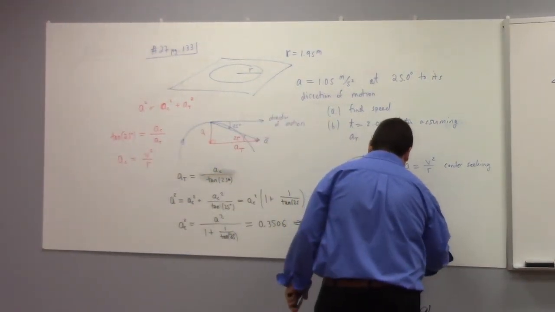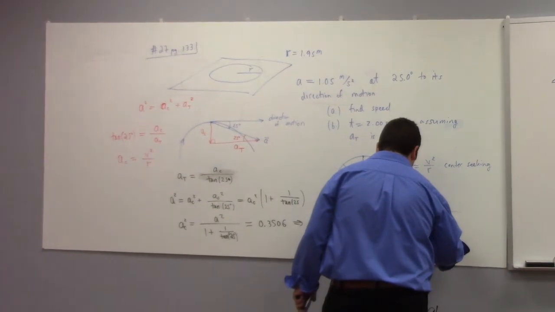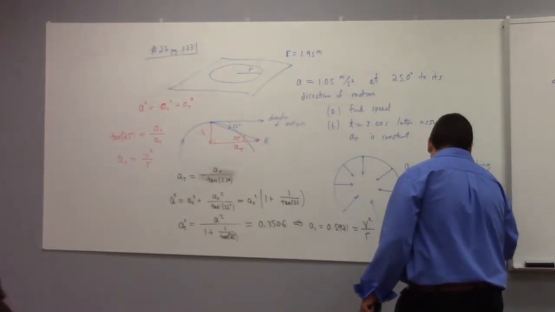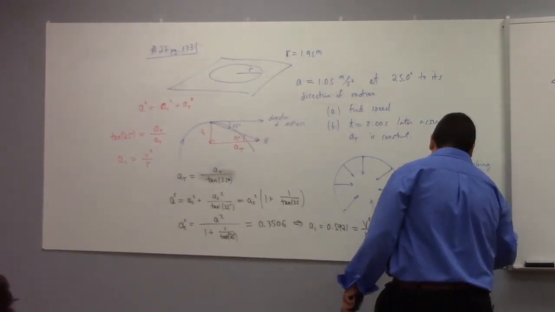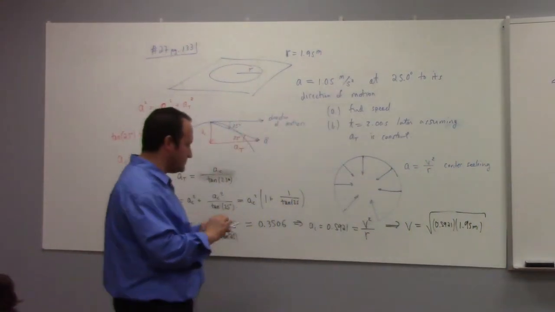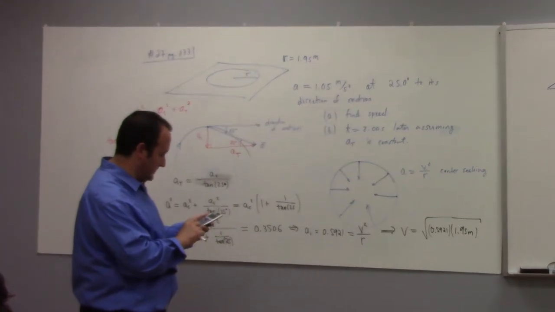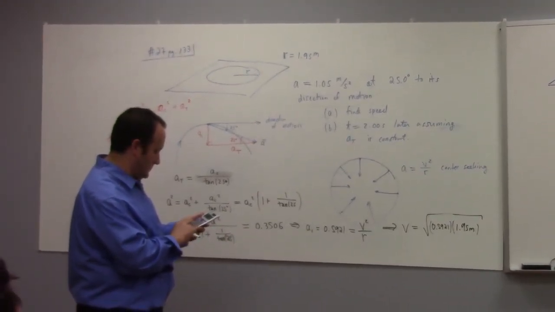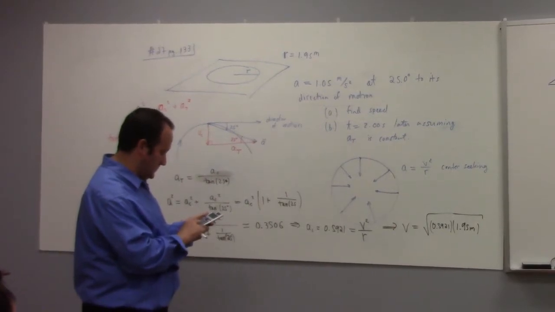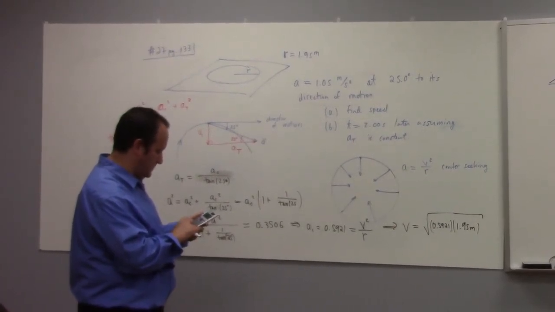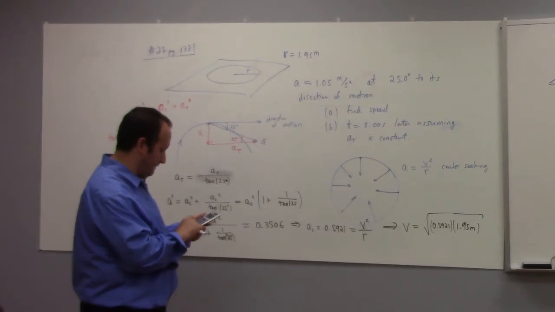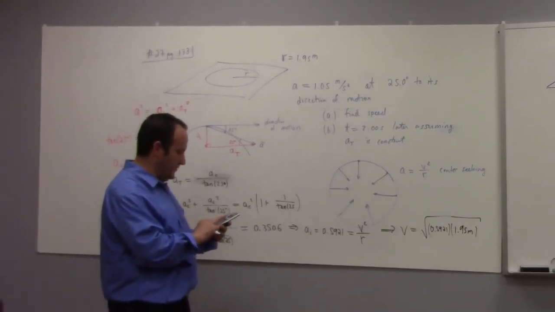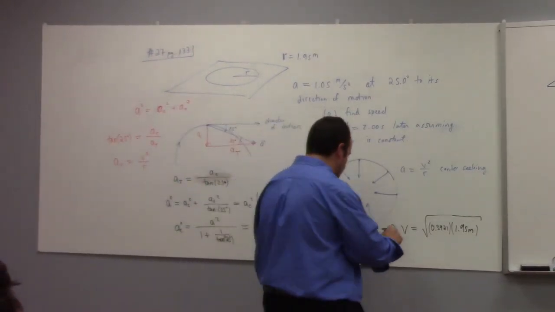V is equal to the square root of 0.5921 times 1.95, which is whatever it is. I don't know what it is. I got 1.075.